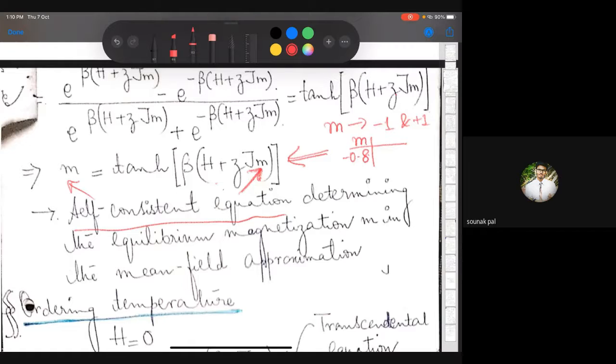Then for the given model, I know all these constants, beta, h, Jz, etc. I find this function. So now I find the left hand side, and the left hand side should also give me back the same value. If I get the same value, then I say my guess was correct. The solution to this equation is M equal to 0.8. If not, then my guess is wrong.